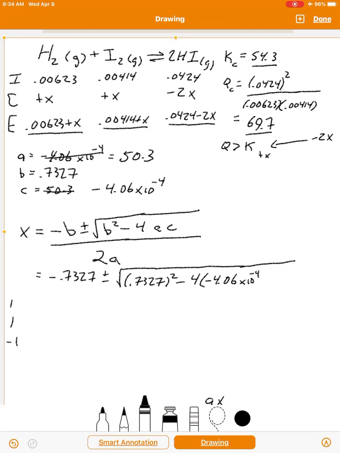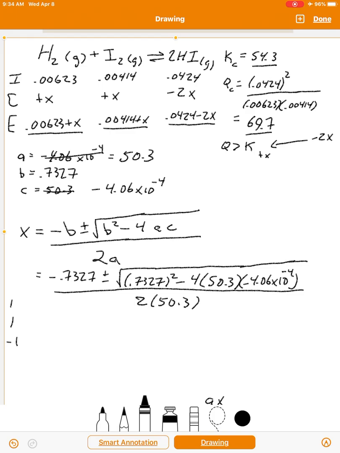So let me just get it in the correct order here. 50.3, and then times minus 4.06 times 10 to the minus 4. 4ac all over 2a. So 2 times 50.3.